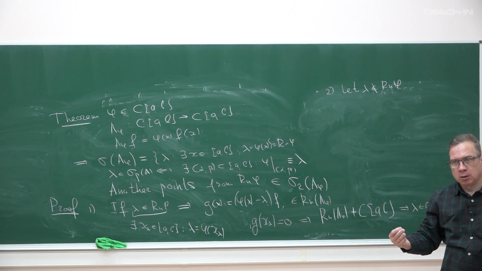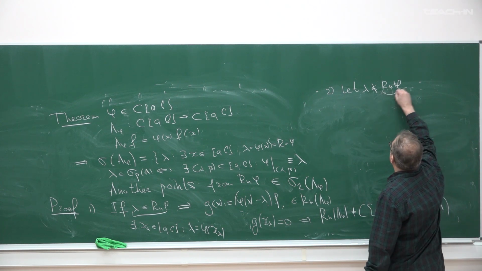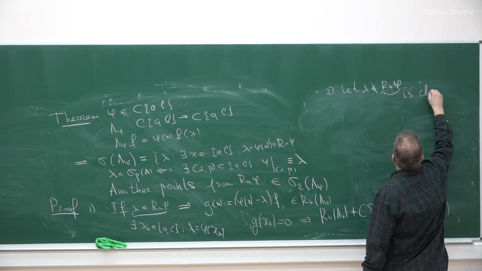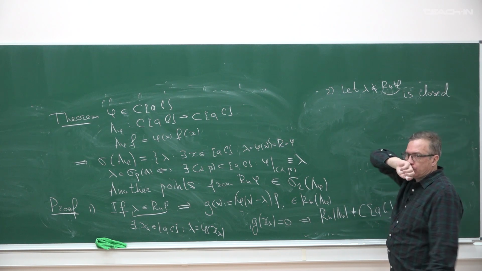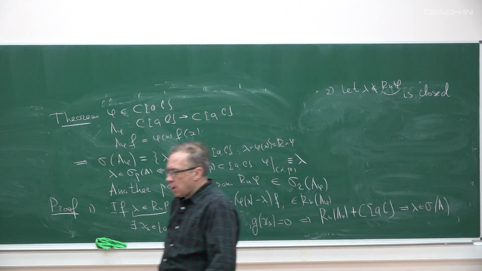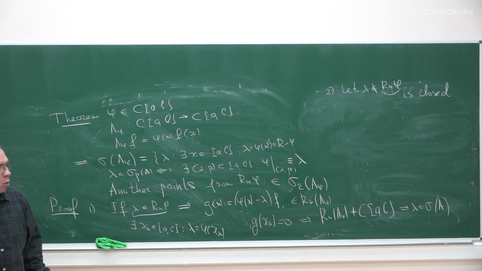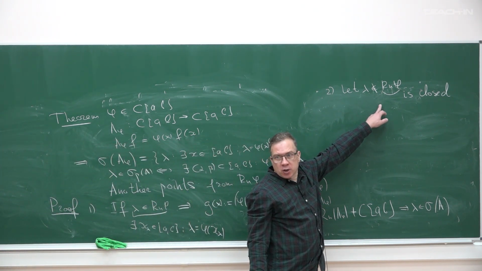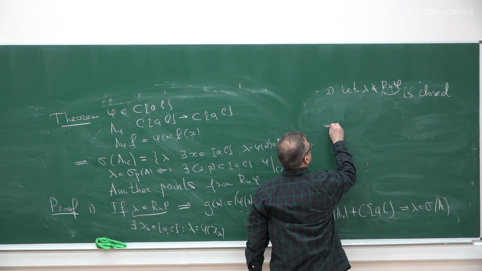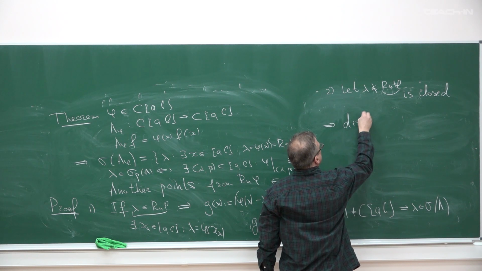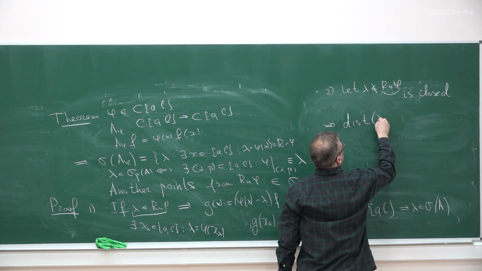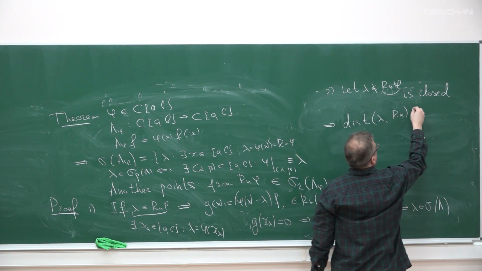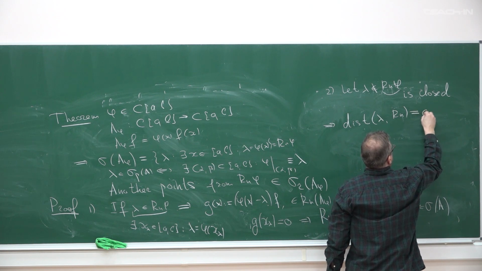So it is closed. And if it is closed, then the distance from lambda to the range is positive. Equals d, is positive.